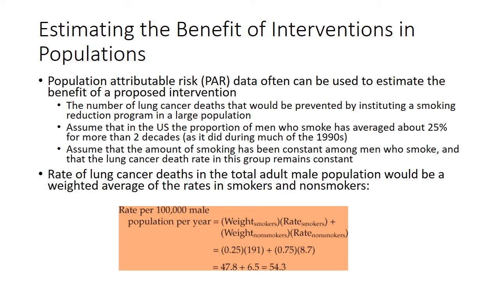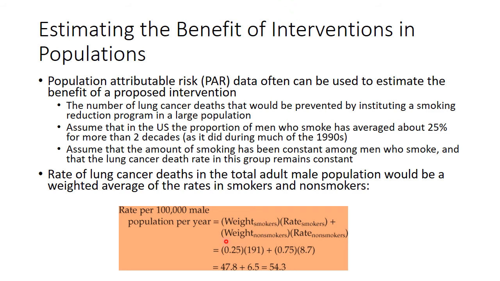And so based on that, we can determine lung cancer death rates as a total of that adult male population based on the weighted averages of these rates in smokers versus non-smokers. So looking at this equation, the rate per 100,000 male population per year would equal the weight of the smokers, the percentage of the population that are smokers, times the rate of their lung cancer deaths, plus the weight of the non-smokers times the rate of their lung cancer deaths.